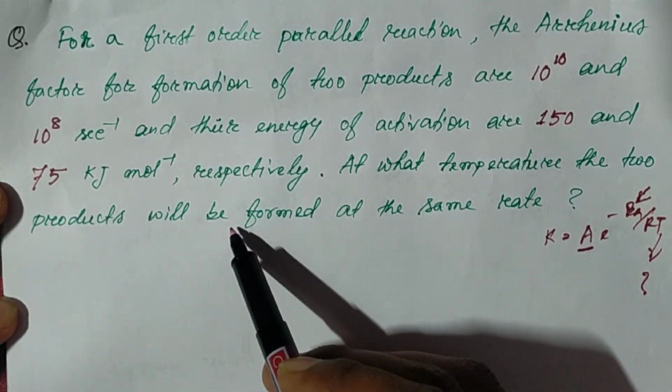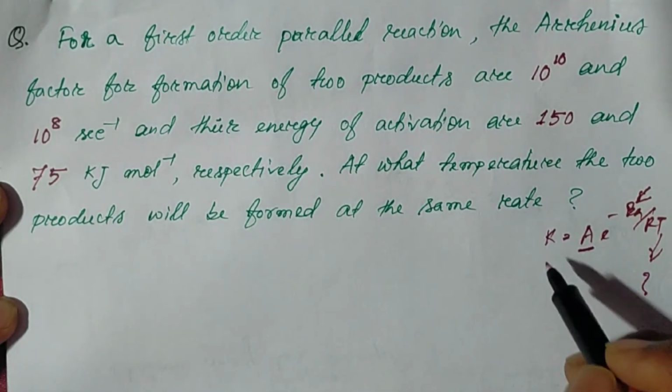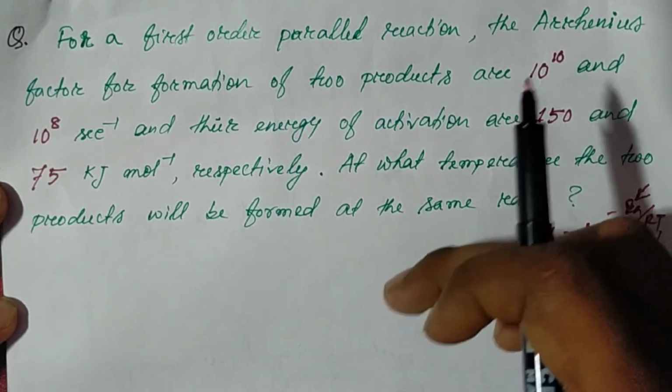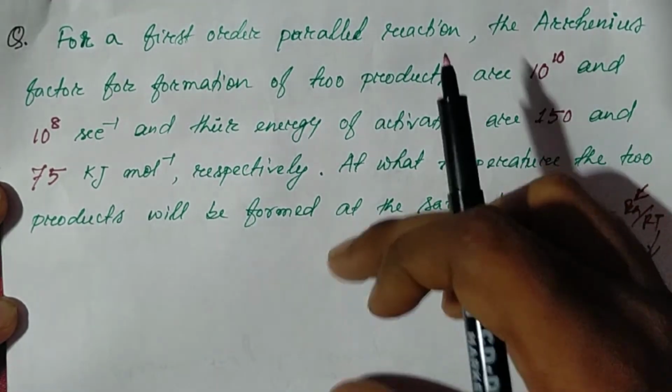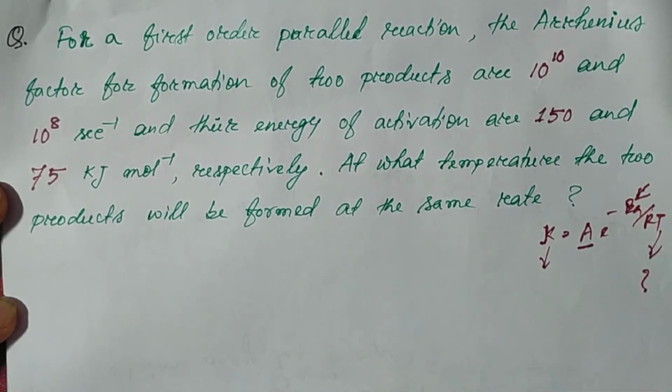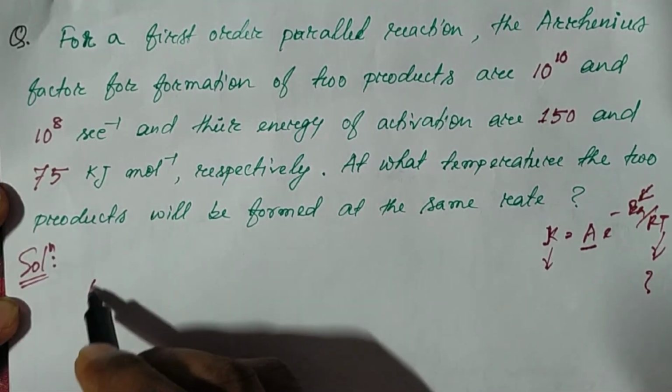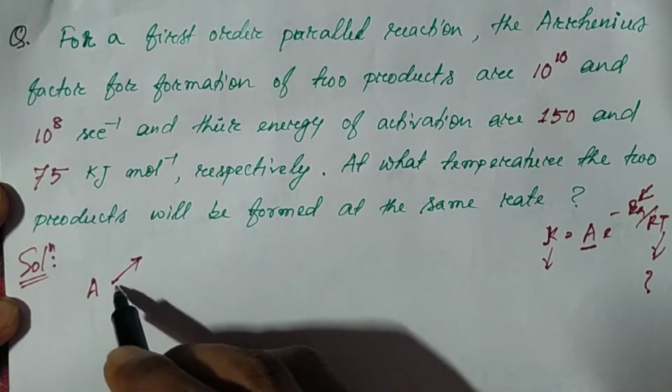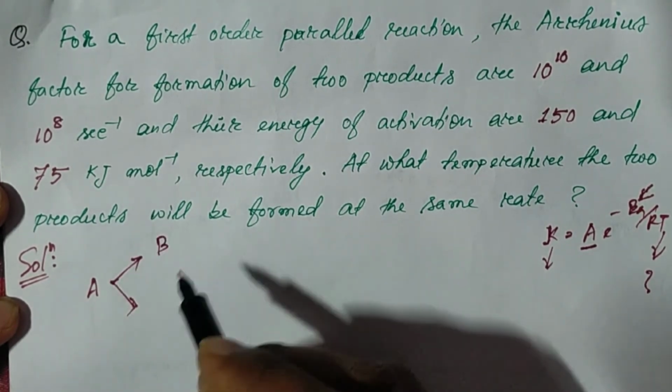The two products will be formed at the same rate. So for both of these parallel reactions, the rate of the reaction is the same. This is the parallel reaction.